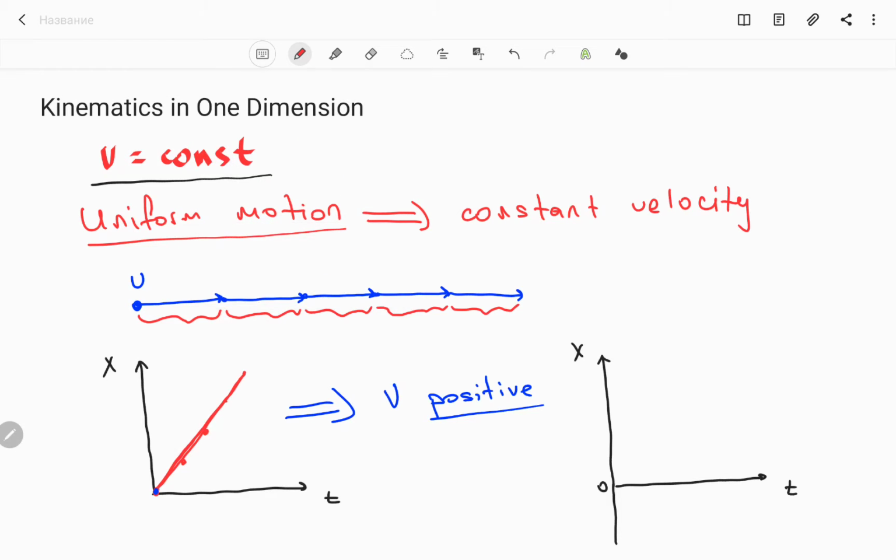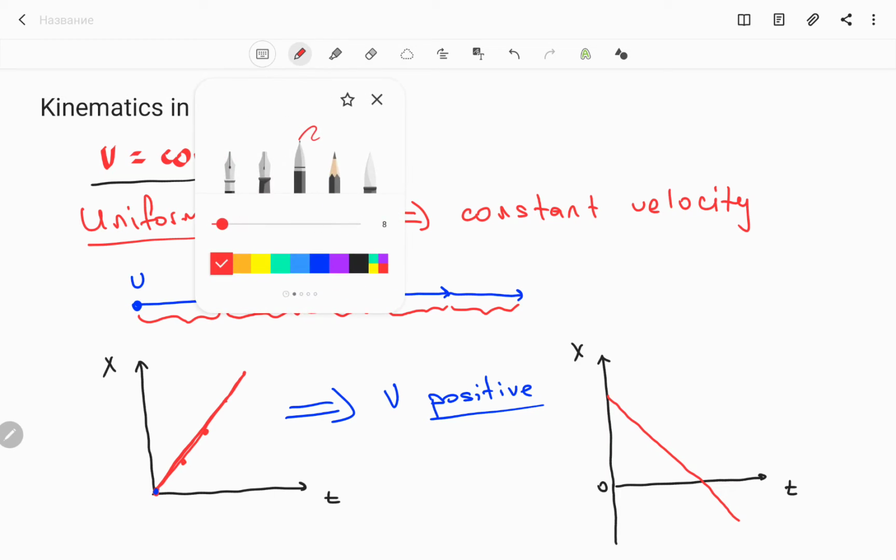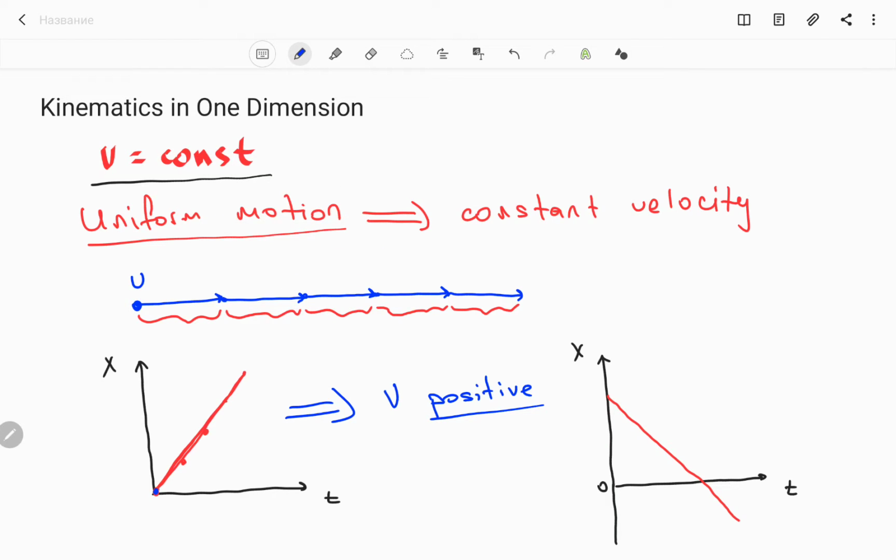If an object moves to the left side, you should draw this kind of straight line. So this graph corresponds to motion with negative velocity. Negative is just a sign, and it means this car is moving to the left.